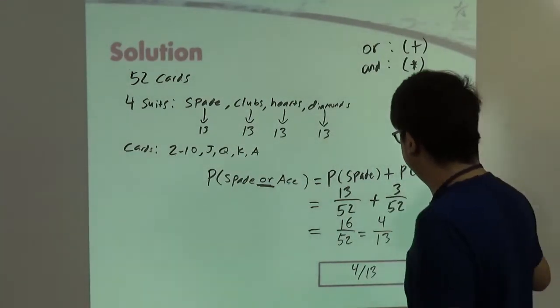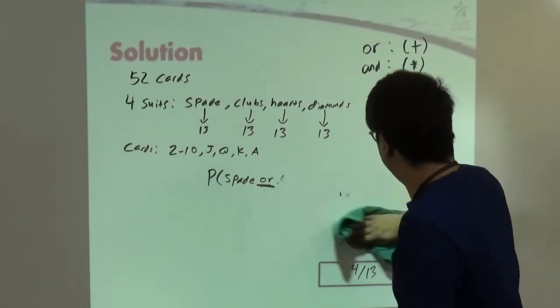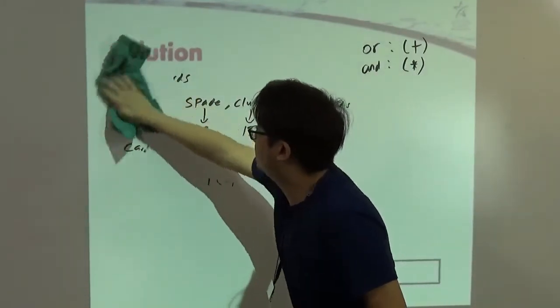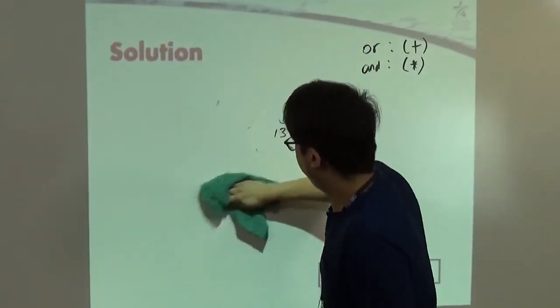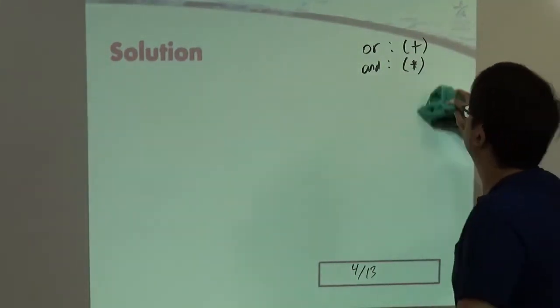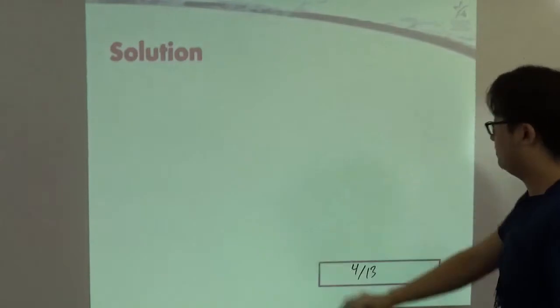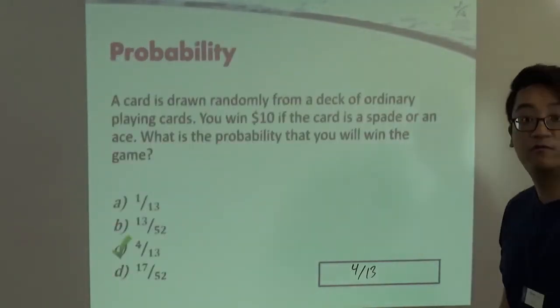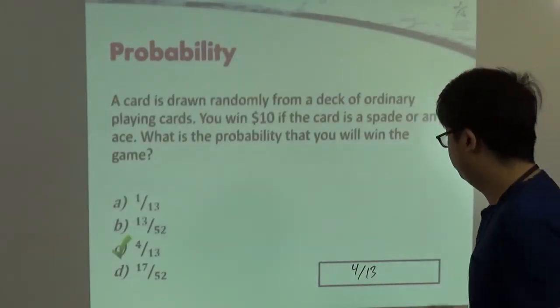Okay. You want to remember that whenever you see probability questions and you see "or," that always means addition, and "and" always means multiplication. So that's our answer, 4 over 13.